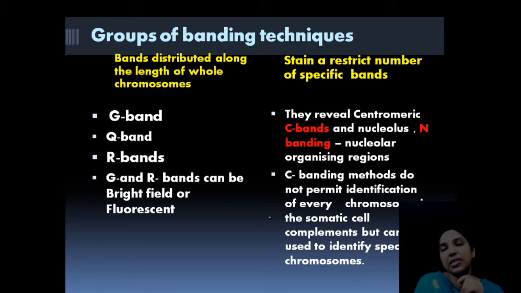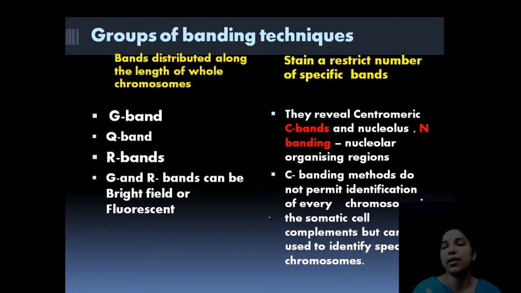That is the second category. In the first category there are G banding, Q banding, and R banding. These are the most common banding techniques. In the second case there are C banding, that is centromere specific, and N banding, that is nucleolar organizer region. You studied that.